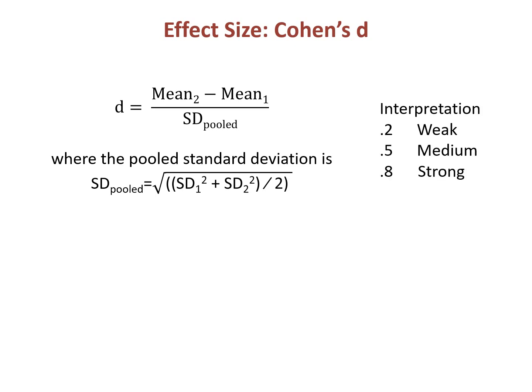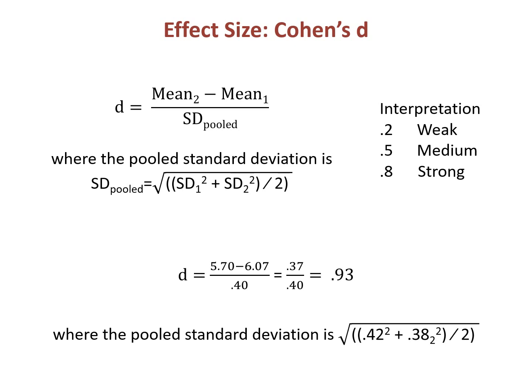The interpretation of effect size is built on the absolute value of d, and its thresholds are different from what we are accustomed to seeing in most bivariate statistics. The threshold for a weak relationship begins at 0.2, a medium effect begins at 0.5, and a strong effect begins at 0.8.